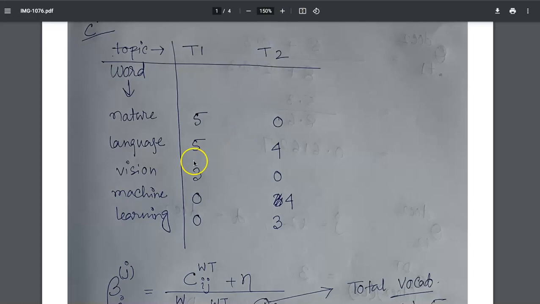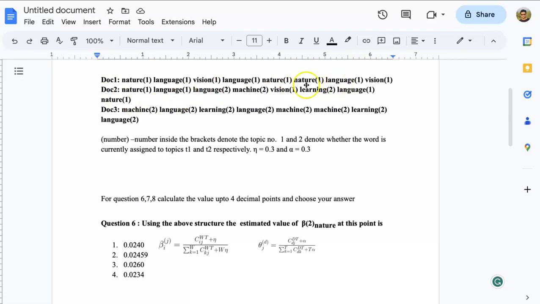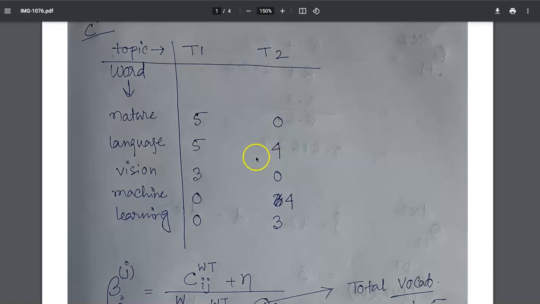Now let's count topic class 2: 1, 2, 3 and 4. So there are 4 occurrences of language in topic class 2. That's how you can build the matrix and calculate the values for the other cells also.